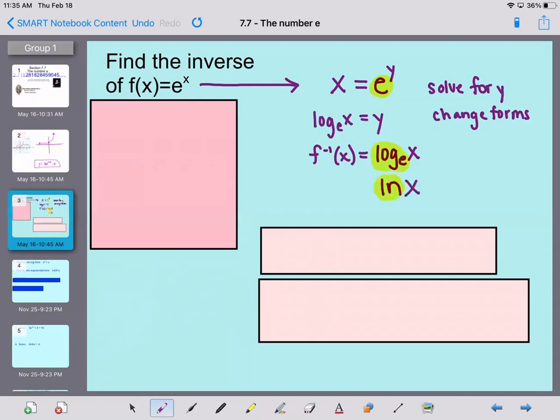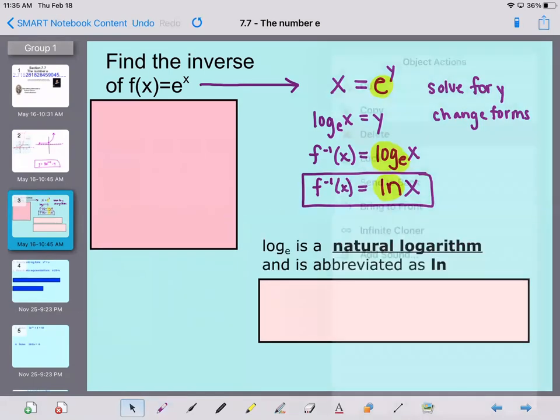So ln of x. Technically, when you look at this, you're thinking, oh, there's no base. No, there is a base. It's log base E. So ln is base E. We call it natural log. I'm assuming it's backwards, ln versus nl, probably because of some Greek language kind of thing.